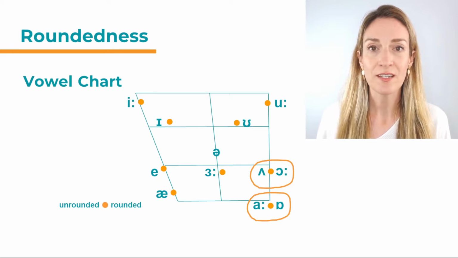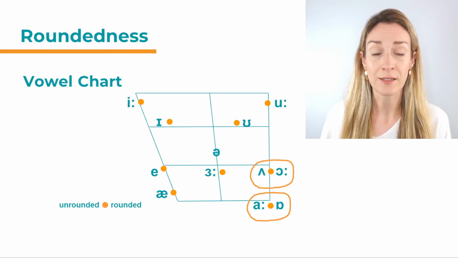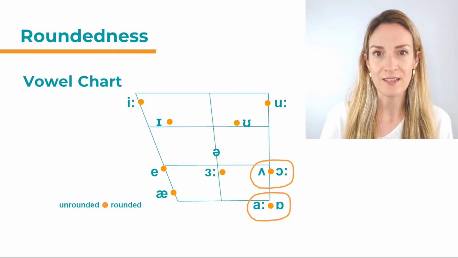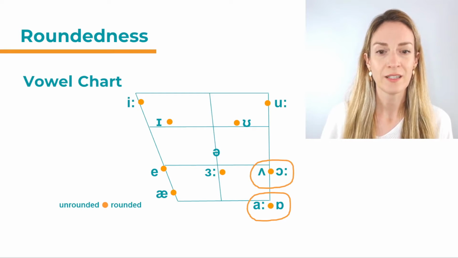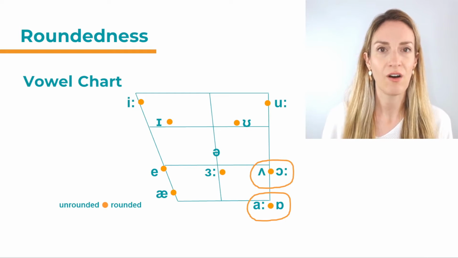Those are really interesting because here we have 2 sounds next to one another and the dot is in the middle. So this really means the one on the left is unrounded and the one on the right is rounded. So we have unrounded A and rounded O.